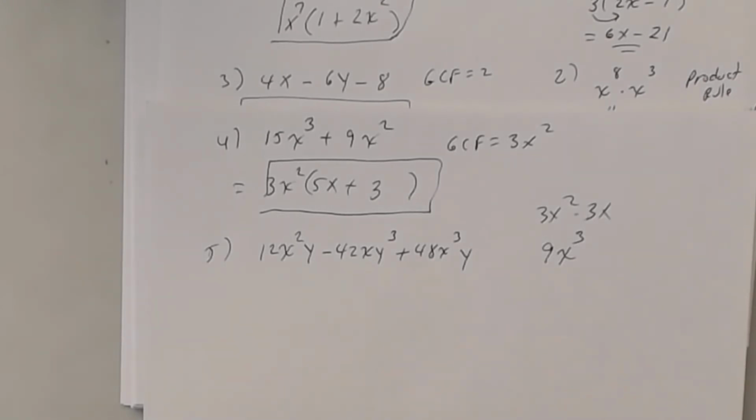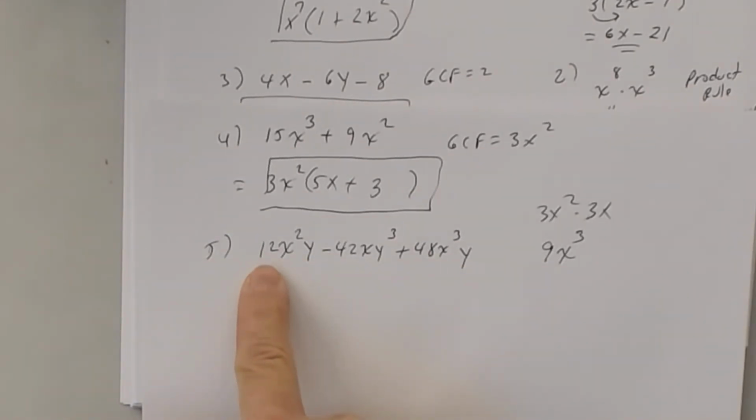So what I would have done there, if you look at those three terms, the coefficients are 12, negative 42, and 48. I would have looked at the smallest of those, and what's the smallest of those? 12, right? I would look at the factors of them. What's the largest factor of 12 besides 12?